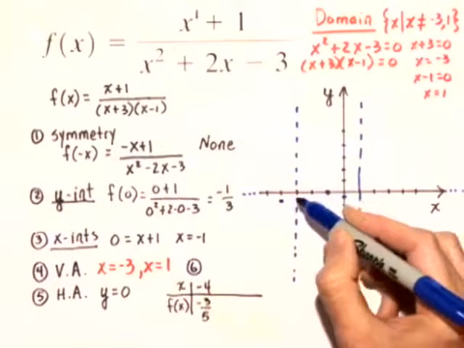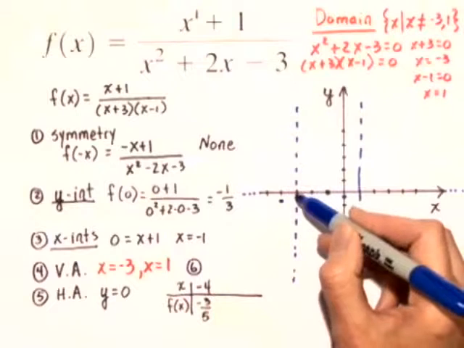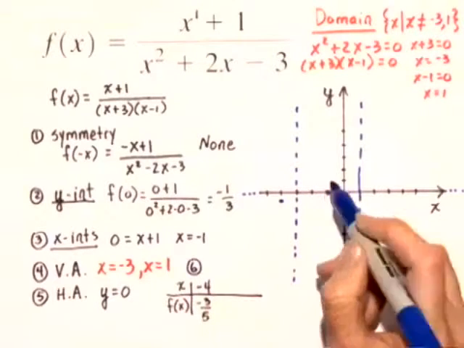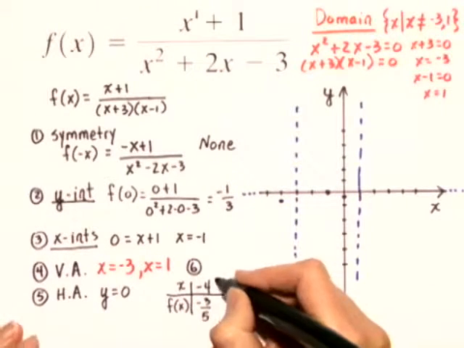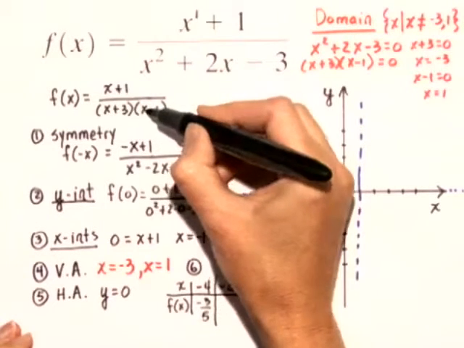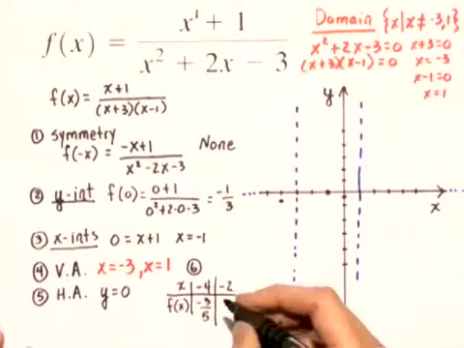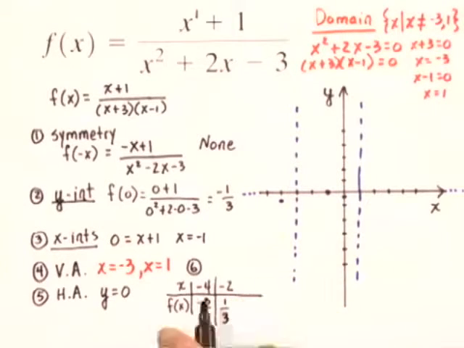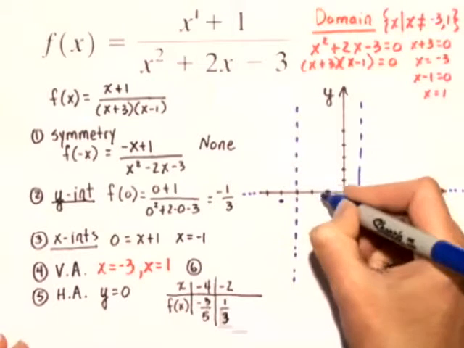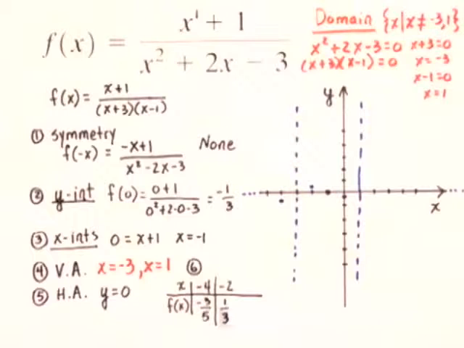We already have the two vertical asymptotes, so let's choose a value in between x equals negative 3 and x equals negative 1. Let's say x equals negative 2. Again, I substituted into my factored form of my function, and I got the value positive 1/3. So we can say negative 2, 1/3 is a point on our graph.